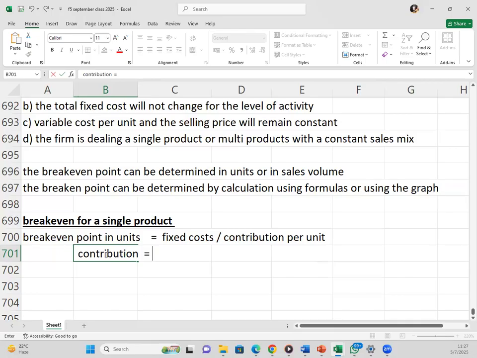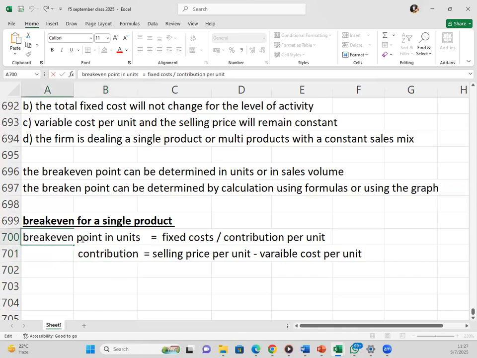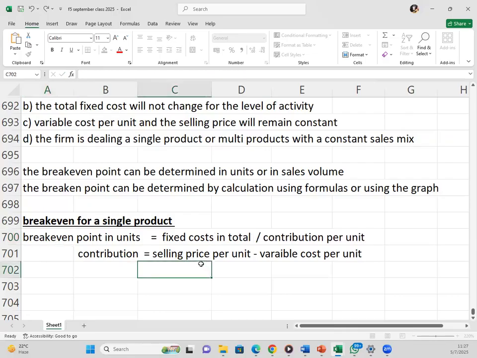So you say the selling price per unit minus variable cost per unit. So for the break-even point in units, you take the fixed cost in total and divide by the contribution per unit.